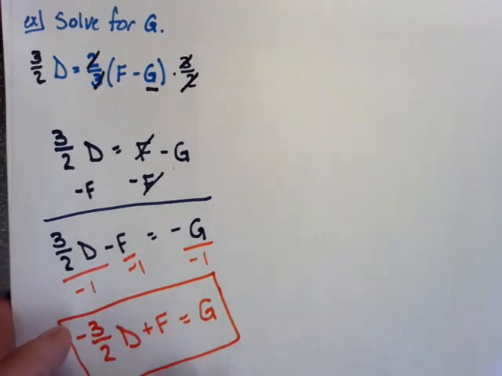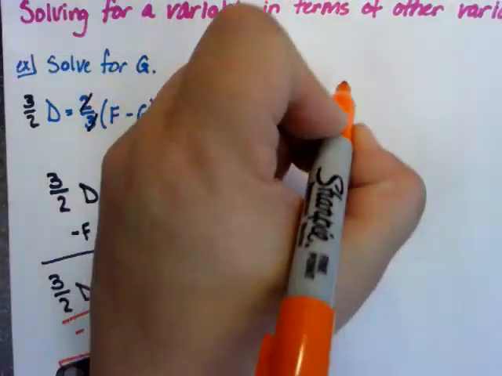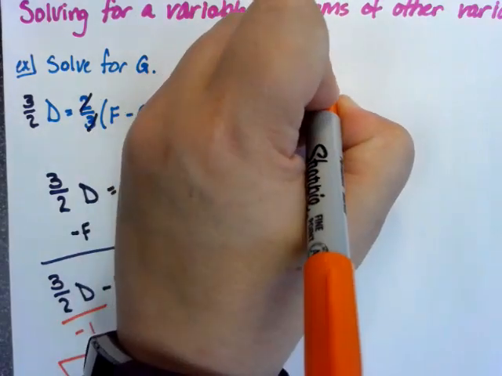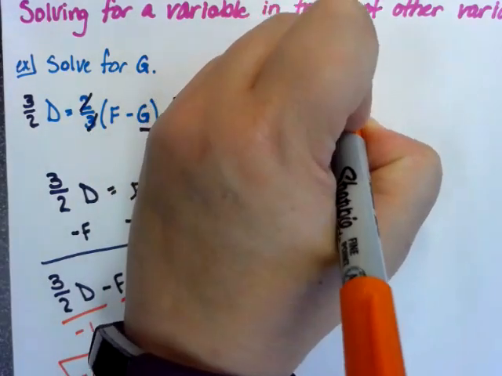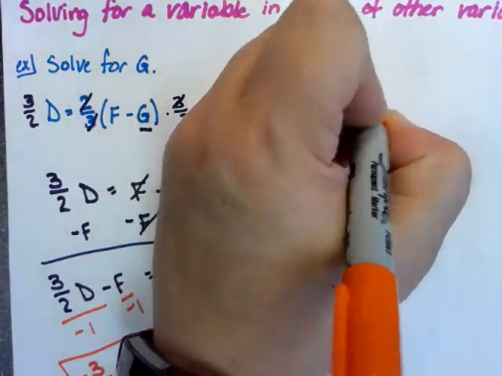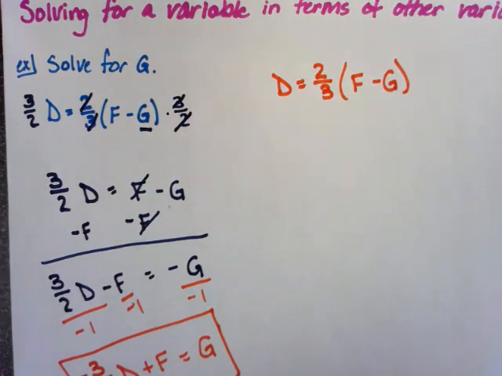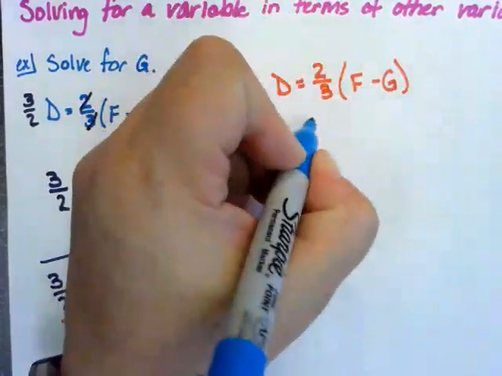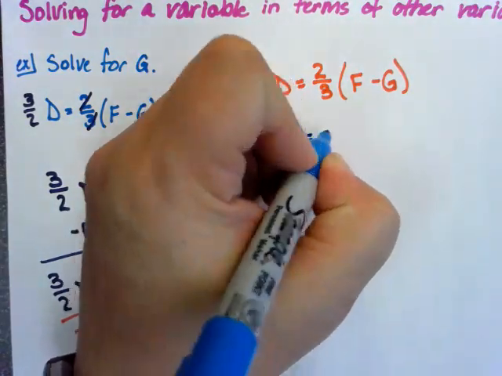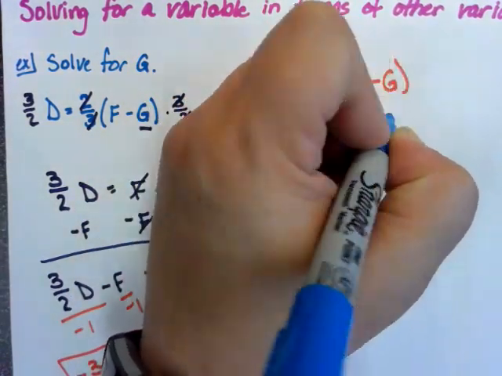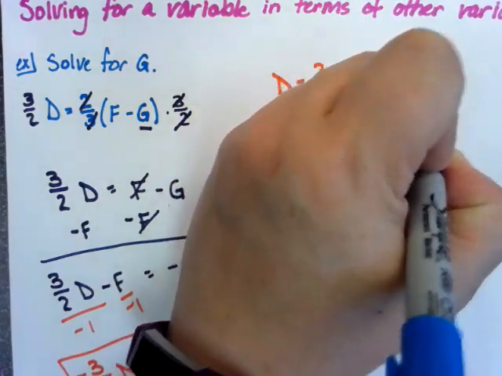The other way of doing this problem is if I have, I'll write the problem again. F minus g. Okay, I could think of this as, okay, can I simplify it? It's whatever makes more sense to you when you're doing the problem. So I could think of distributing, in which case I'd have d equals 2/3 f minus 2/3 g.